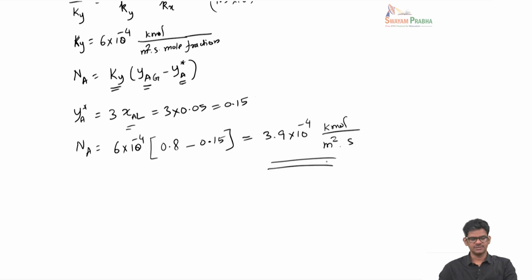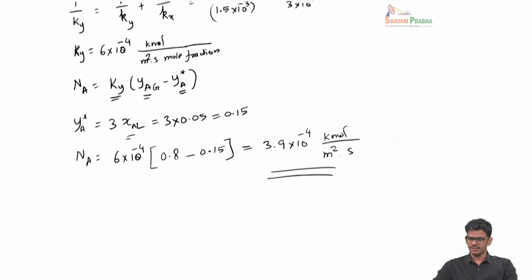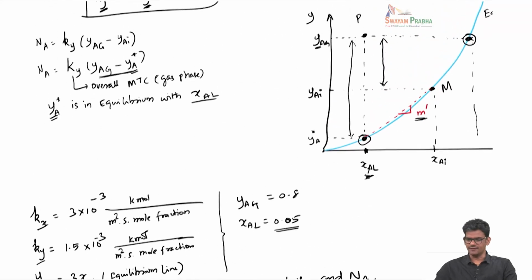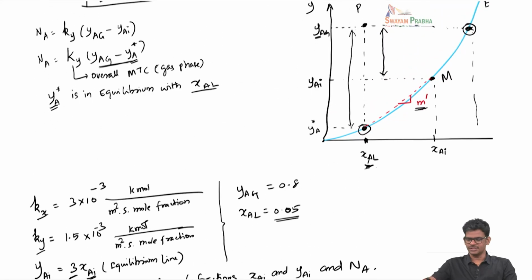This is the flux we also got using local coefficients and interfacial concentrations. The objective of this example is to show that you have the choice to either use a local mass transfer coefficient and interfacial concentrations, or use the overall mass transfer coefficients and the driving force relating the bulk concentration and the equilibrium concentrations. These are the choices.